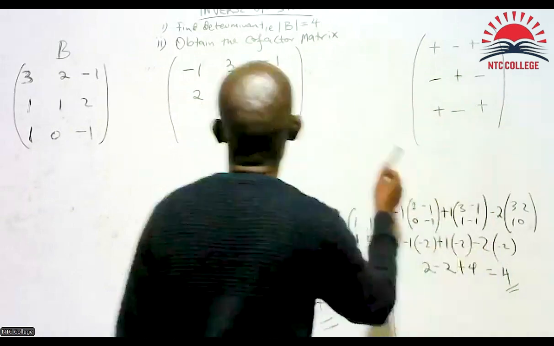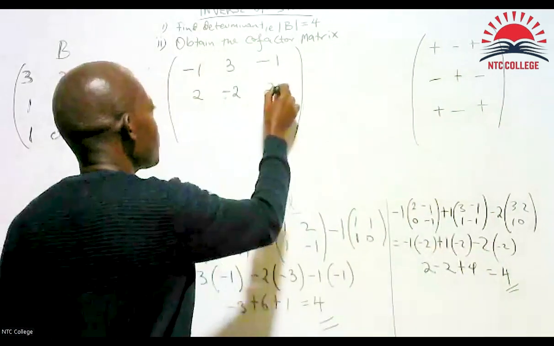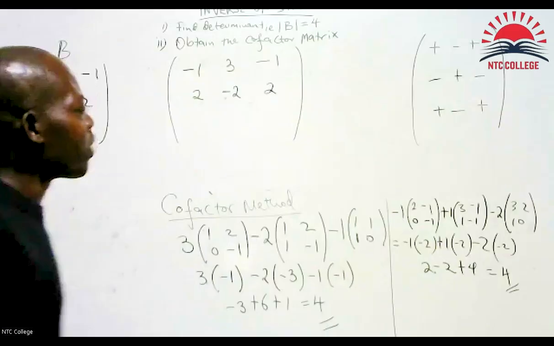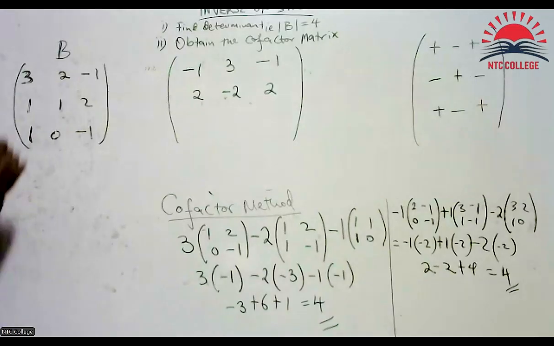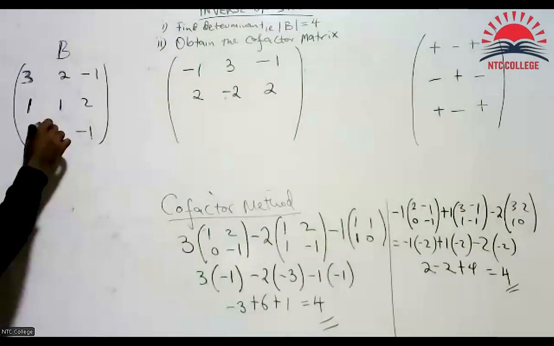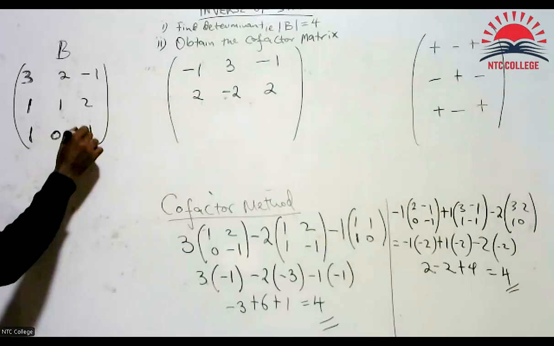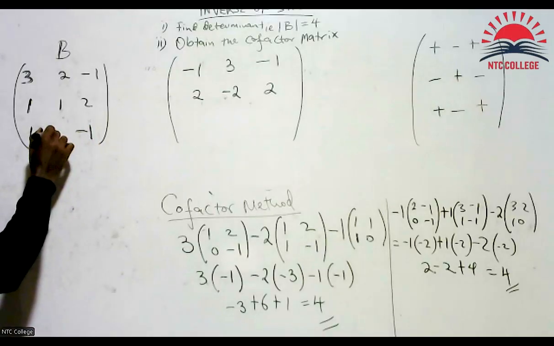Minus -2 should now make it +2. That is row 2. Now let me go to row 3. We had not done row 3, so that we follow. We are at row 3, the original matrix, and we want to obtain the cofactor matrix. Look at our original matrix in row 3. Here we are.